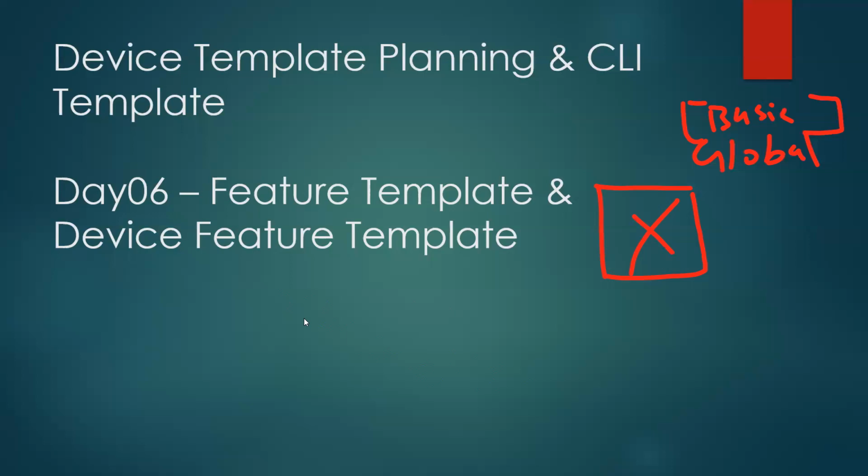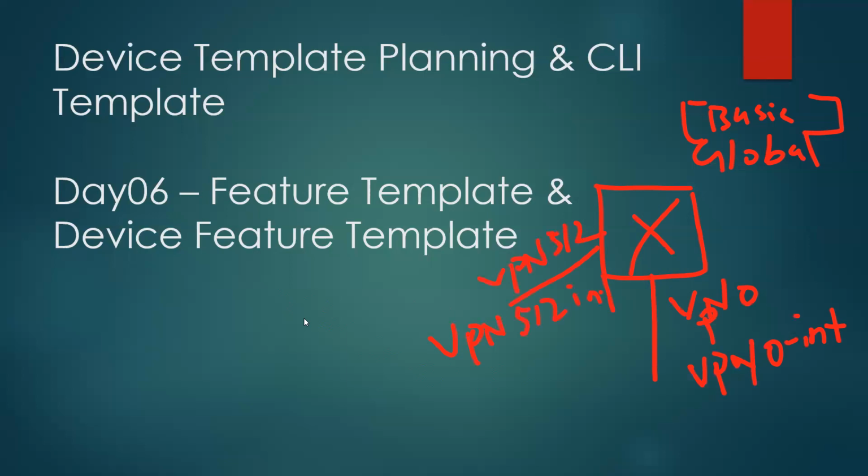Then you will find that you have something called device specific configuration, such as VPN 0, and then VPN 0 interface configurations. Likewise, you have something called VPN 512 and then VPN 512 interface configuration.